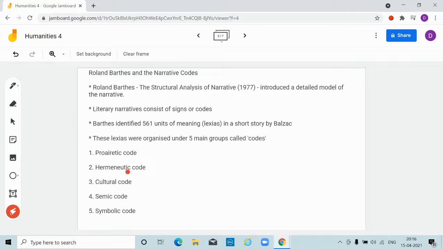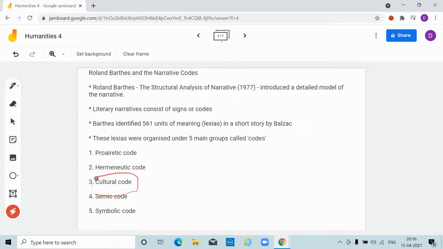The king died of natural causes. The queen died because of grief. So you're giving details. The hermeneutic code is associated with the details of how an event happened, why an event happened, and who were the people involved in that event. All these details are provided to the reader by the hermeneutic code.